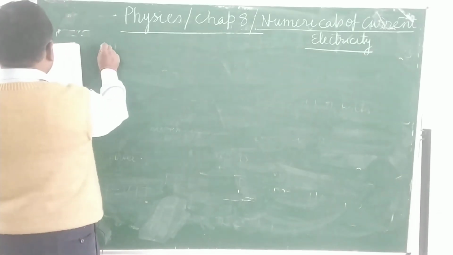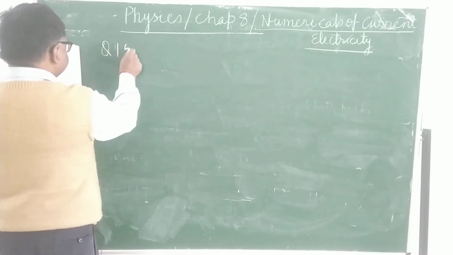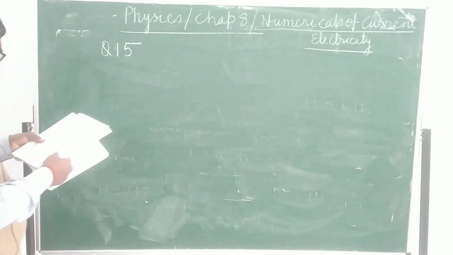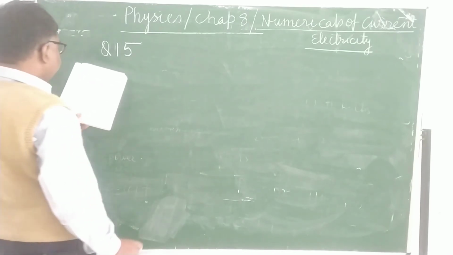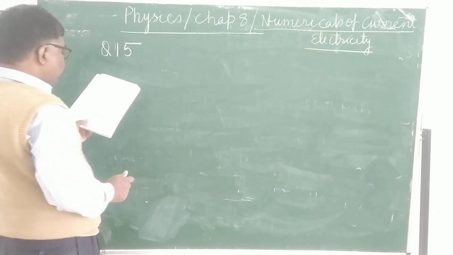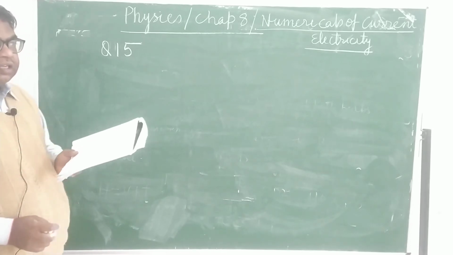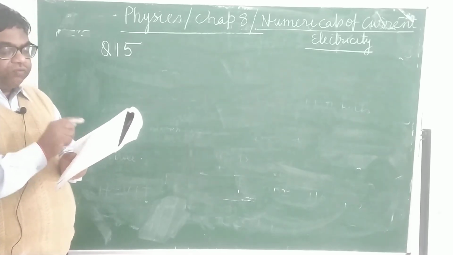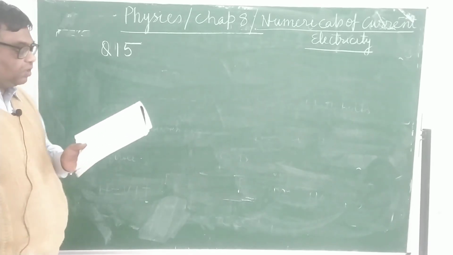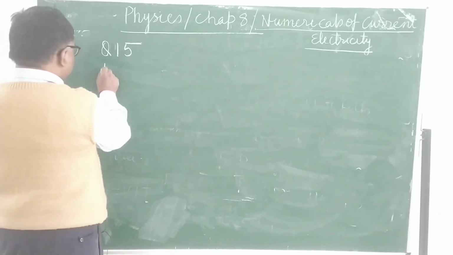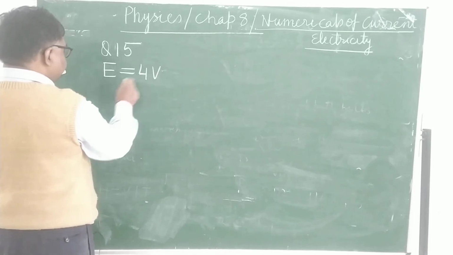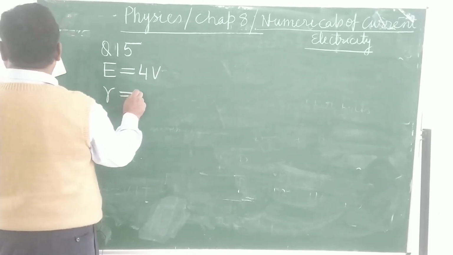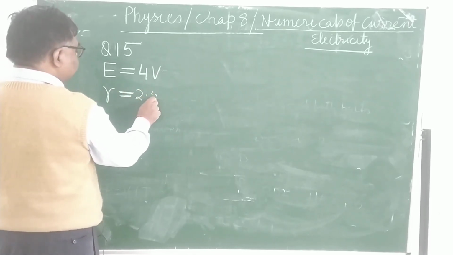Question number 15. A bulb is connected to a battery of potential difference 4 volt and internal resistance 2.5 ohm. See here, along with the internal resistance, the potential difference of the battery is given as 4 volt, meaning EMF is 4 volt and internal resistance small r is 2.5 ohm.